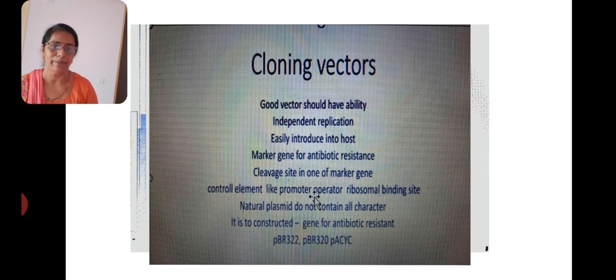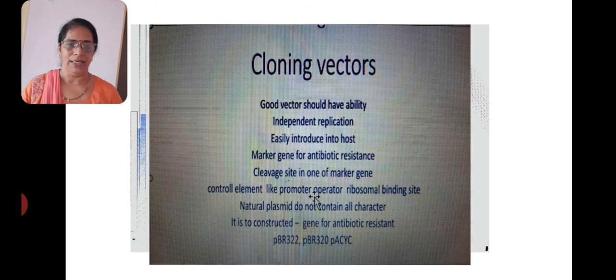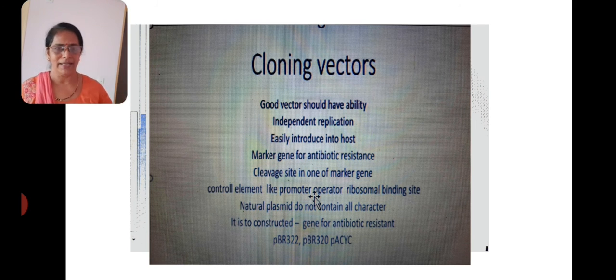Replication means making an exact copy, so it should have the ability to replicate itself and produce the exact copy. For that purpose, the replication site should be present in that vector, as you have seen in DNA replication.